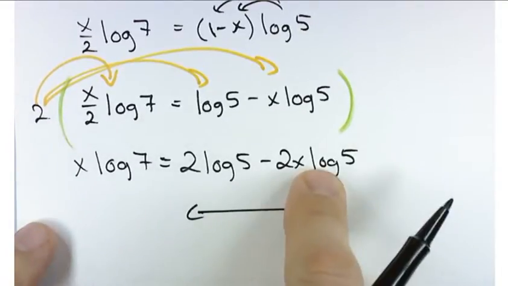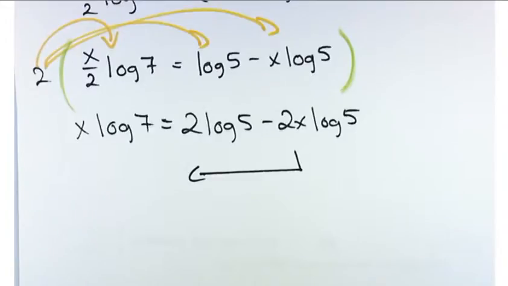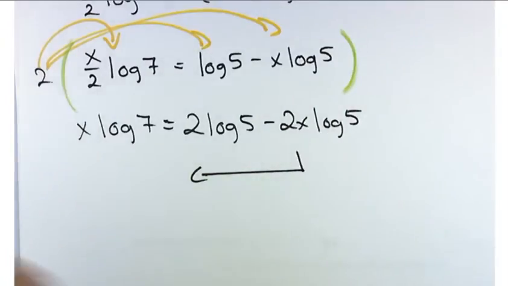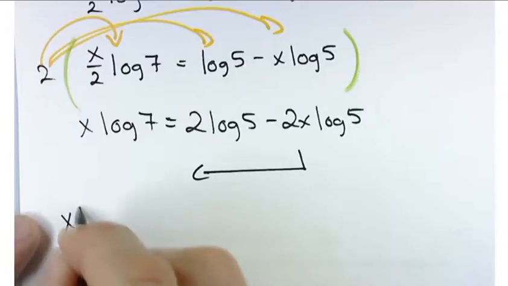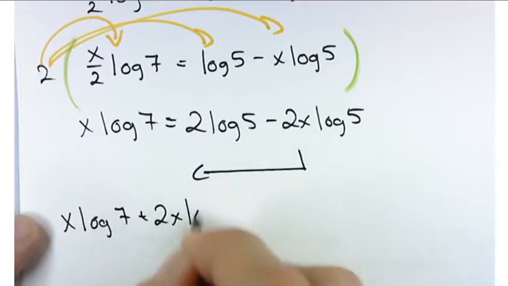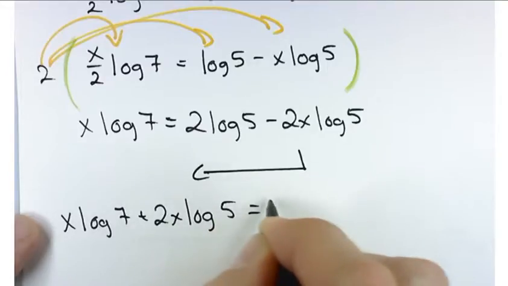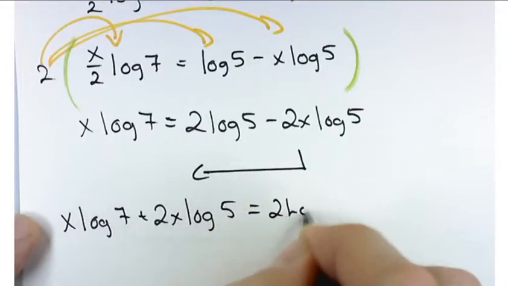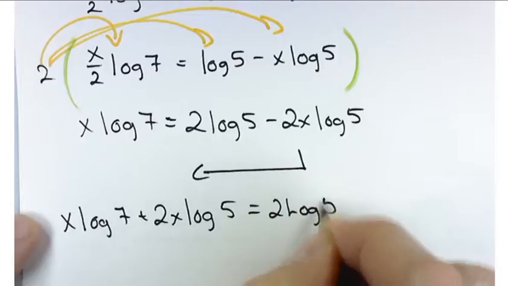I'm going to move this term to the left-hand side. Can someone suggest why? Yeah, it makes it positive, and because then it gets all my x's to the left-hand side. So I got x log of 7 plus 2x log of 5 equals 2 log of 5.